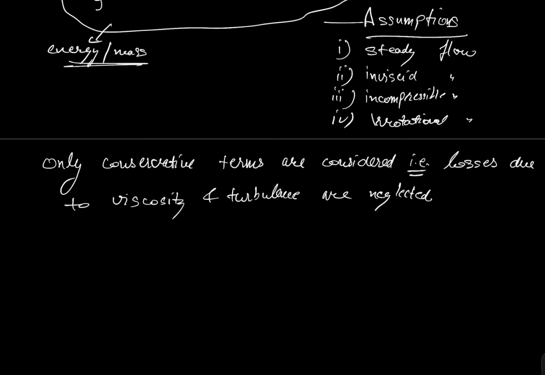Here we have assumed that my flow is completely inviscid. It is an ideal fluid, which is never the case. This is just an assumption to simplify your analysis. Another thing we have assumed is that my flow is not turbulent, so there are no losses due to turbulence or anything extra. We have neglected all the non-conservative losses and just considered the conservative terms in Bernoulli's equation.